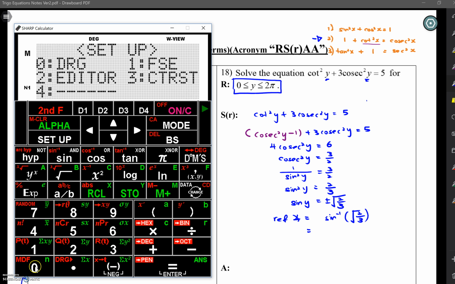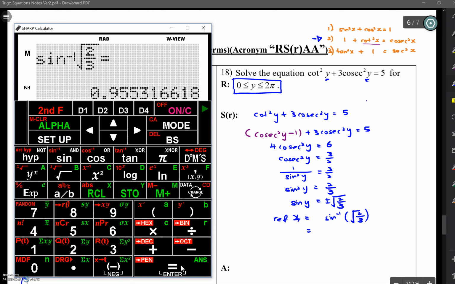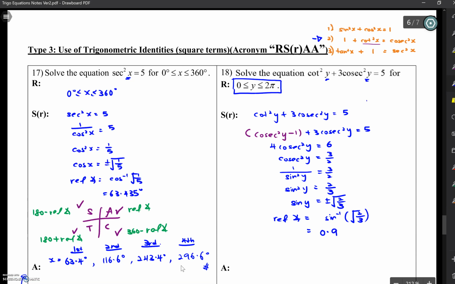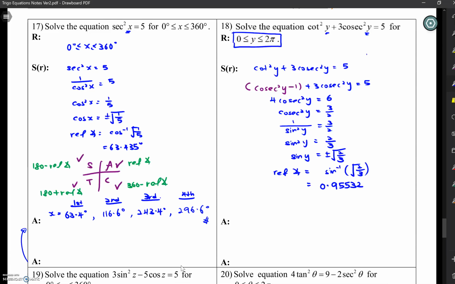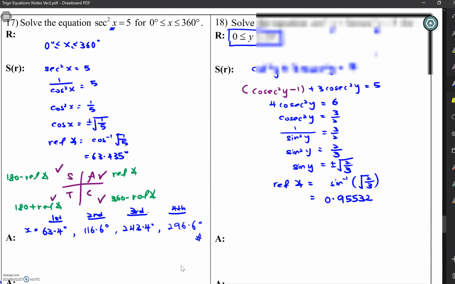To see whether it works, look at the top, it's in RAD mode now. So here I can press second function sine inverse square root 2 over 3, and the answer I'll get will be 0.95532. Okay, so that's my reference angle.